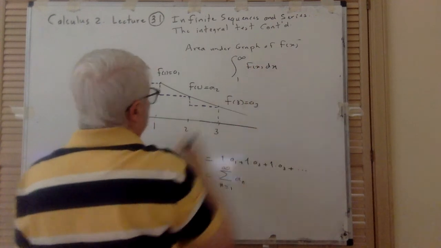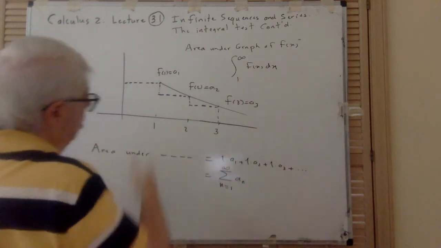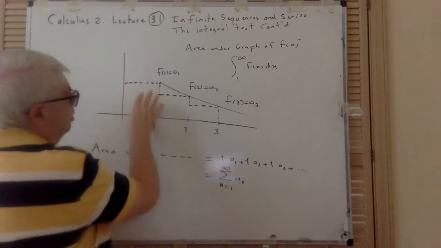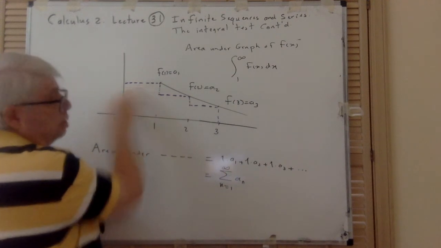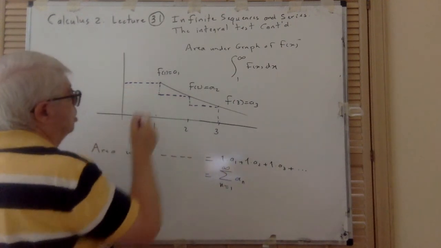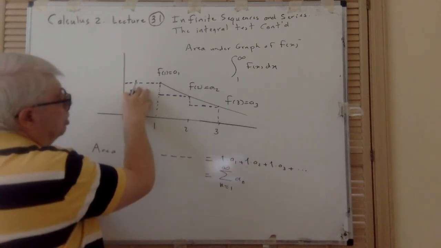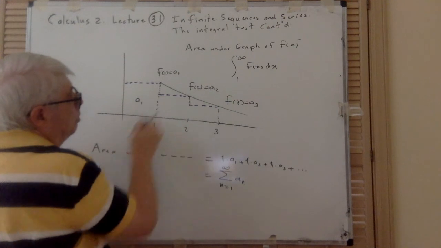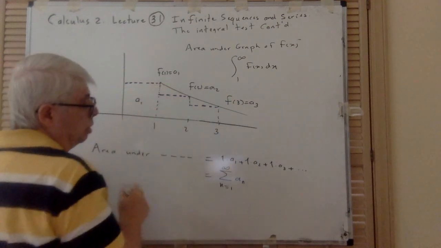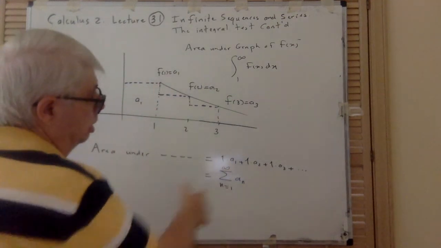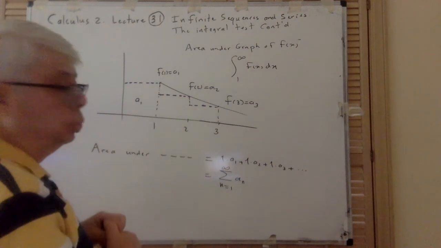Now which one is larger? Definitely, if I remove this small portion, which is simply a1, the area under the graph is larger than the area starting at 2.